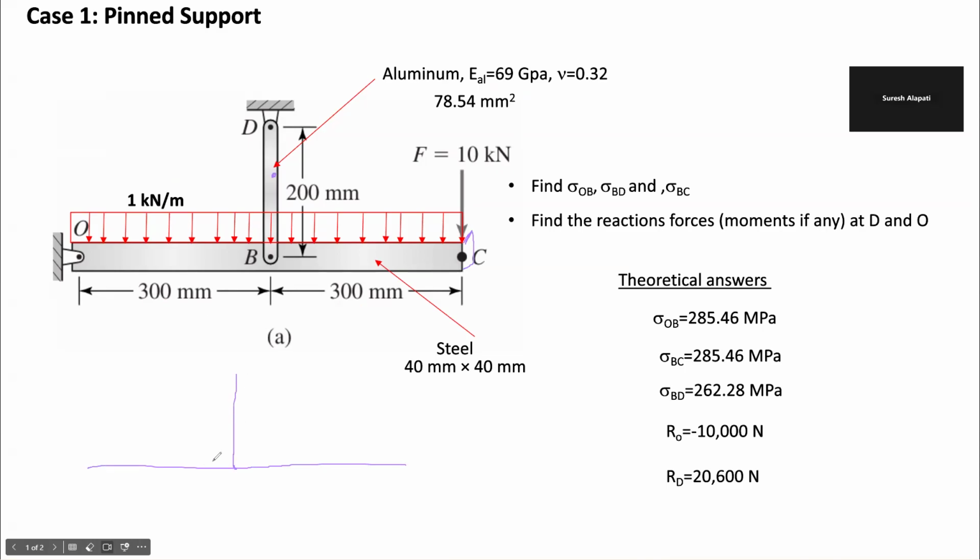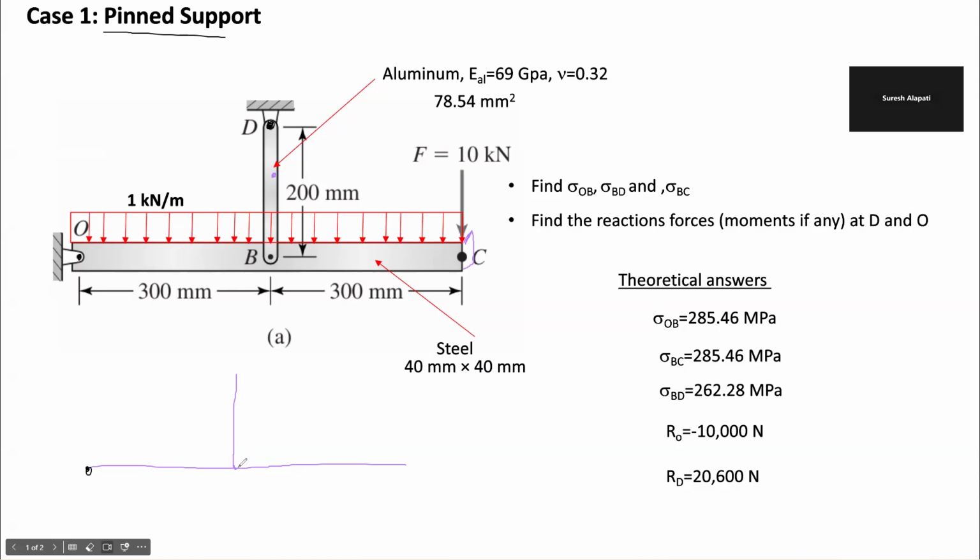These two bars we connect using a pinned support, and here also we have a pinned support. But both are different material and different cross sectional area, so stiffness is different for both of them. So we have to model them with separate lines.